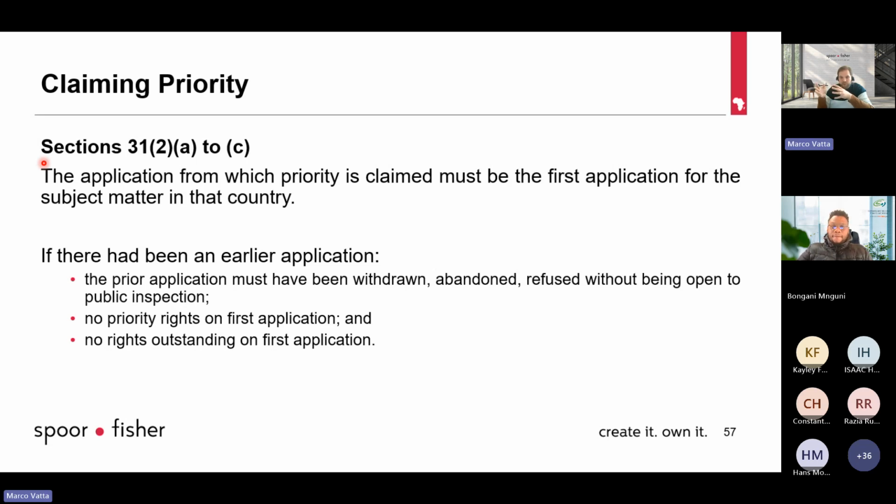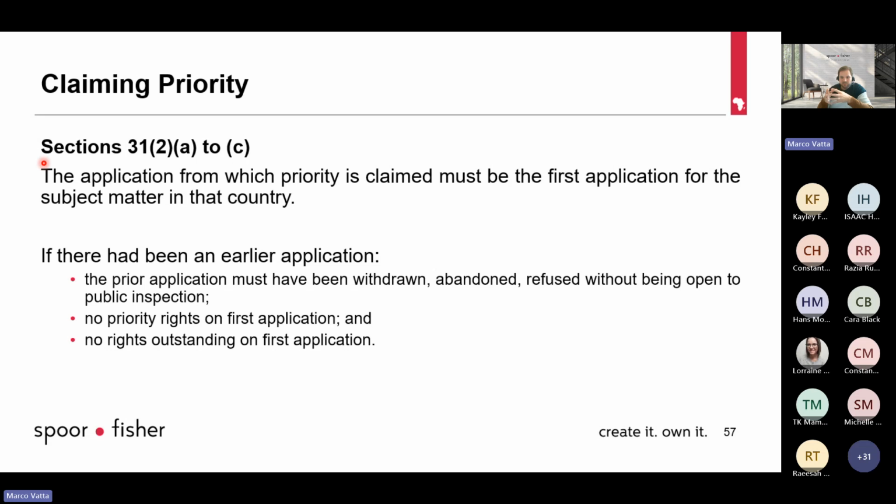They will either file a continuation application, which is analogous to our divisional application, or they will add new subject matter to an application. And they will file an additional application, but claim priority from that first application. Then they will file a complete application. They'll even file a PCT application and then eventually nationalize in South Africa.